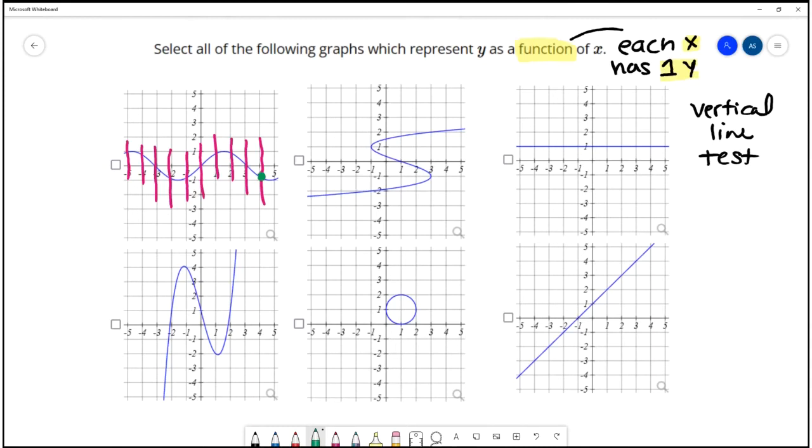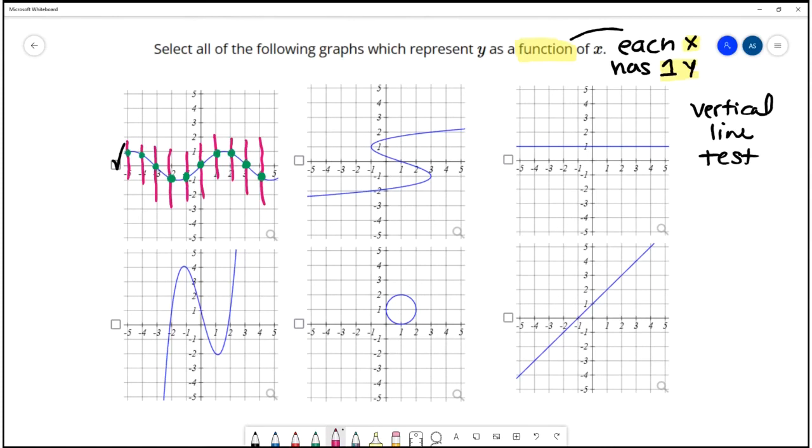So you can see on this first picture that I've drawn the vertical lines, each vertical line intersects the graph in one place. And this tells us that each x has one y. So this first graph is a function, y as a function of x.